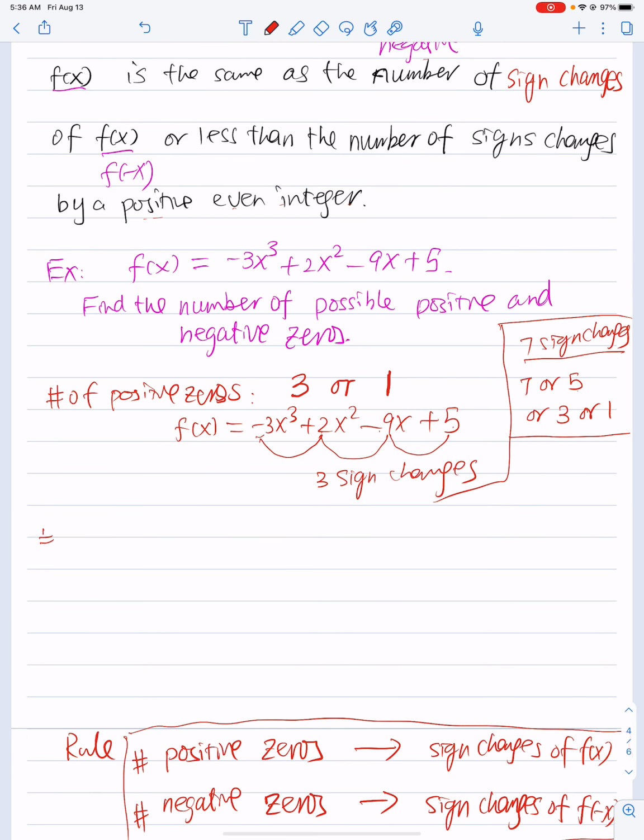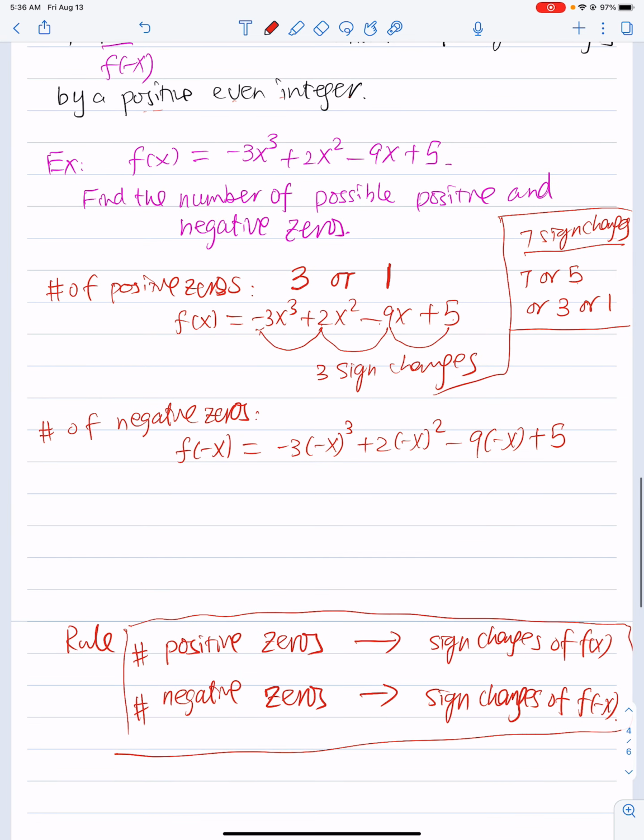So for the number of negative zeros, what do we need to do? We have to find f(-x). So negative 3 times negative x cubed, plus 2 times negative x squared, minus 9 times negative x, plus 5. Negative x cubed keeps the negative sign, because for an odd power you do have the negative sign.